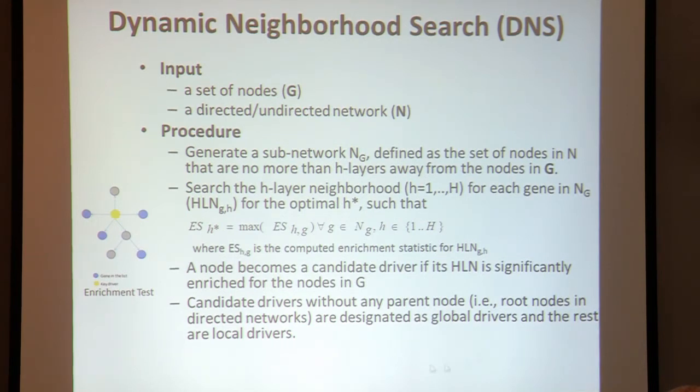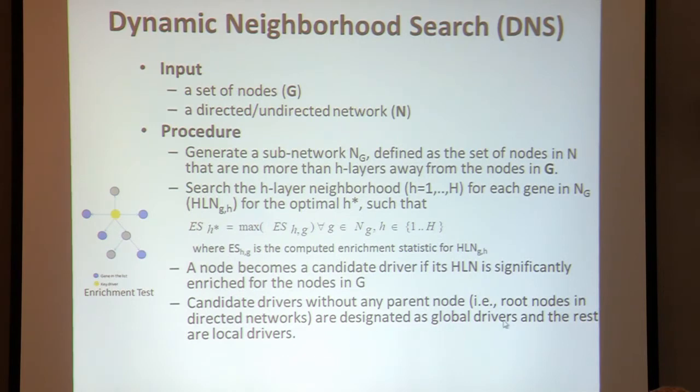Yeah, so then you can derive those candidate drivers whose neighborhood is significantly enriched for the input gene list. And from those candidate drivers, we can further differentiate the global drivers, those without any parent nodes. They tend to regulate many other nodes without being regulated by other nodes.